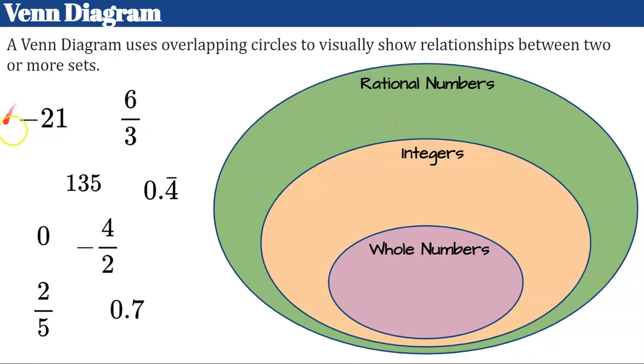Let's start with negative 21. Negative 21 is most specifically called an integer. It's negative, but it's the opposite of positive 21, so it fits into the integer category. Understand that integers are also rational numbers. Although I've put it in the integer category, it is an integer and it is a rational number.